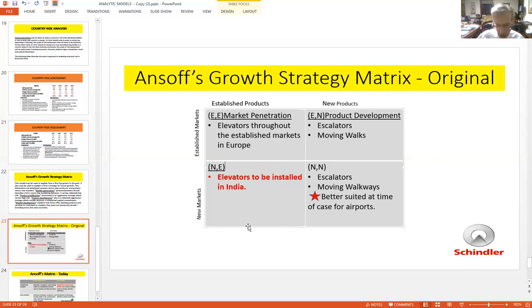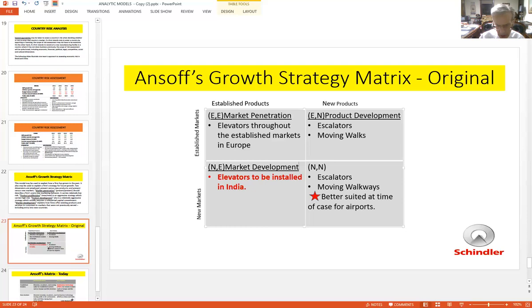If your strategy is to take your existing products into new markets, then this is a market development strategy. And in this case, Schindler was located, oh my, I can't remember where they were located. I want to say Germany, but I think I'm wrong.